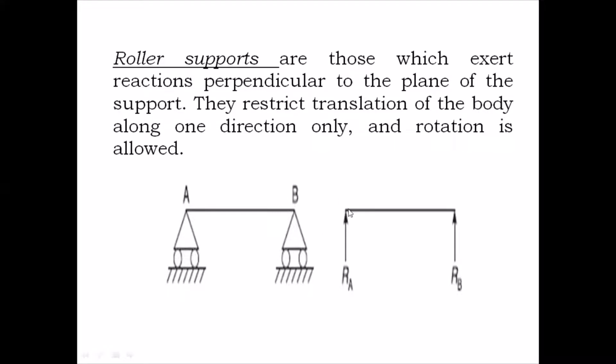Here the beam is exactly horizontal, so the reaction is acting vertically upwards. This is what is called a roller support. A roller support is a support which has only one reaction. I hope it is clear to everyone.